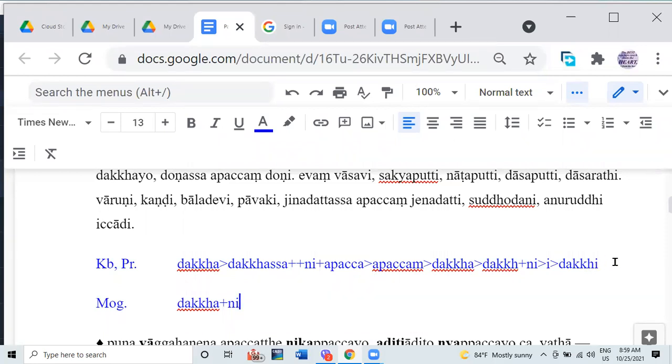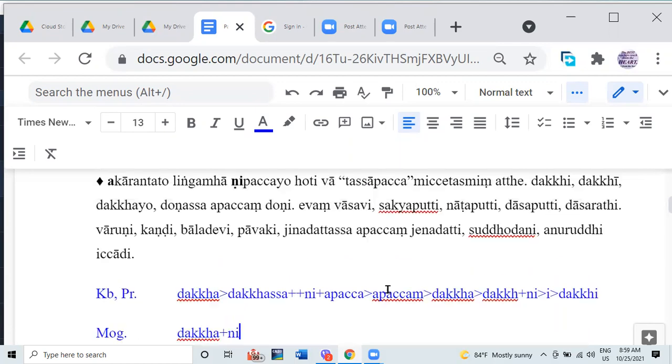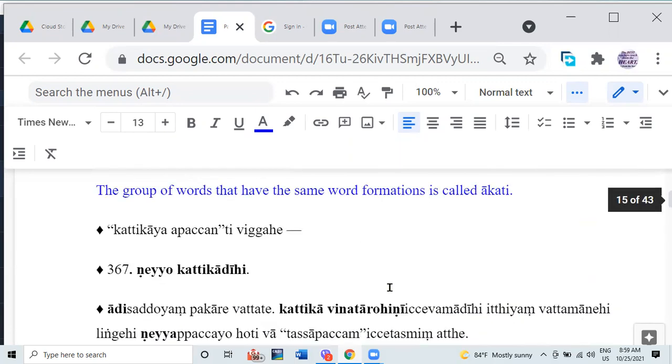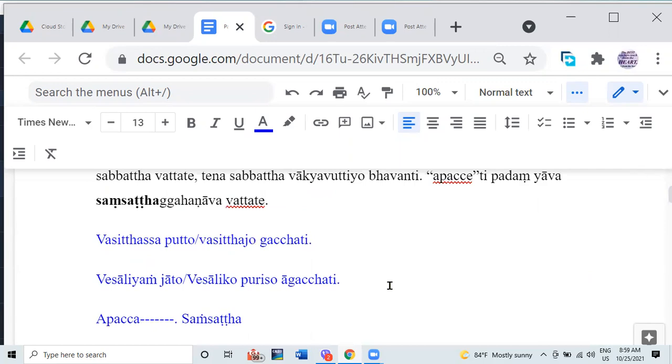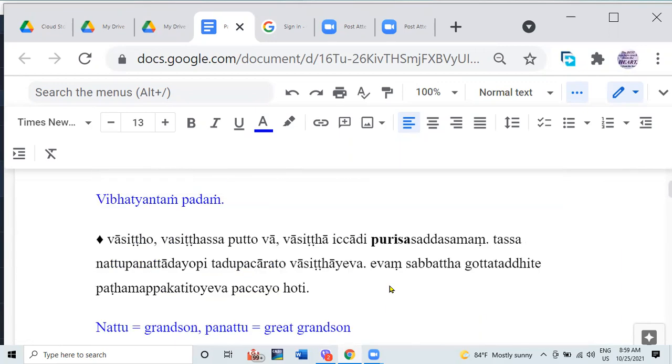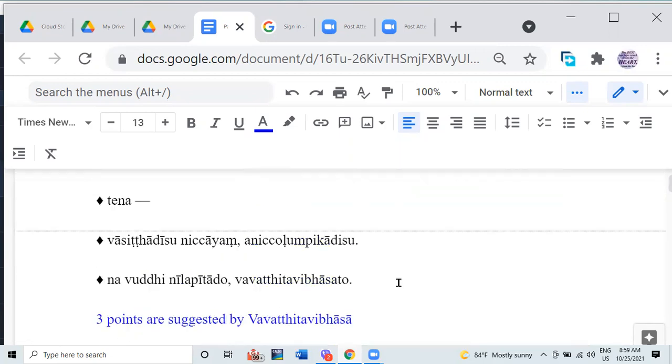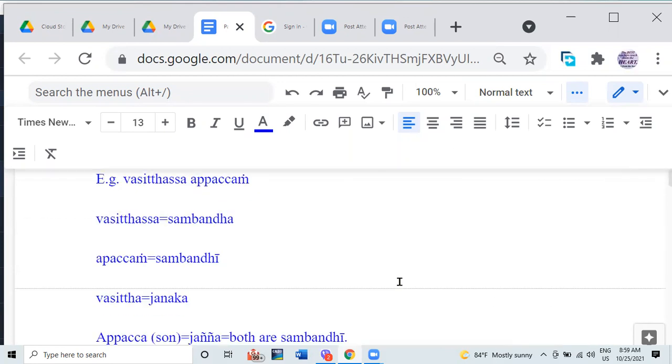If you want to form feminine forms, you need to add the ini suffix in this case, the daughter of. When we explained Vasita, we saw Vasiti, do you remember?